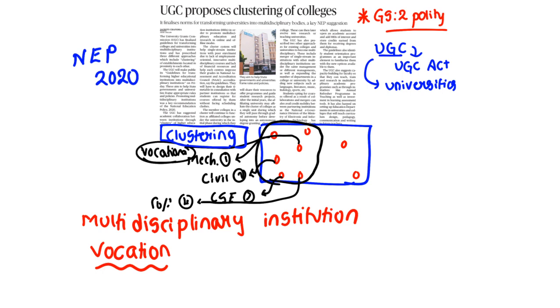Clear? Yes. And see, the cluster system will help the single stream institutions with poor enrollment due to lack of employment oriented, lack of innovative multidisciplinary courses, and lack of financial resources, and helps such centers improve their grades in the National Assessment and Accreditation Council. Clear?